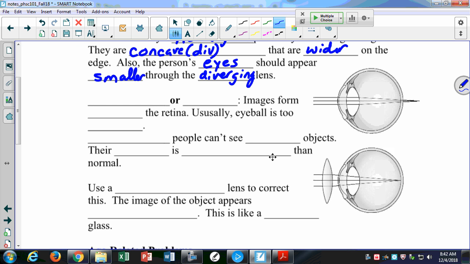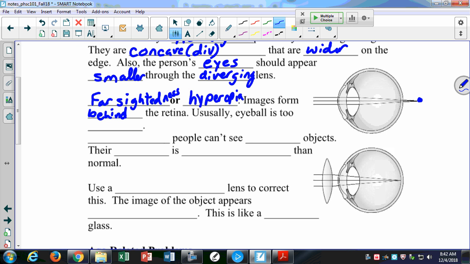All right, farsightedness, or hyperopia. Images form behind the retina. So focal points there.